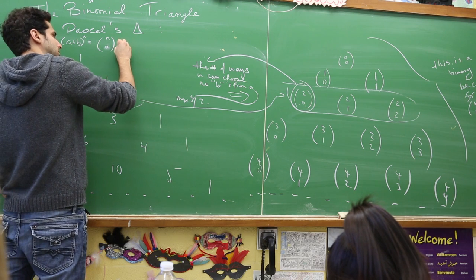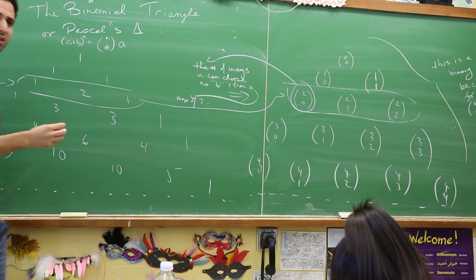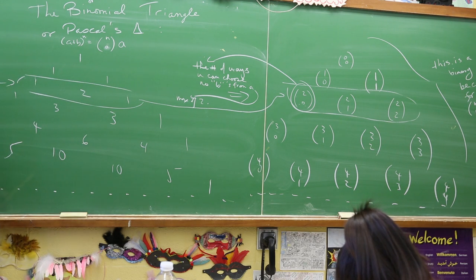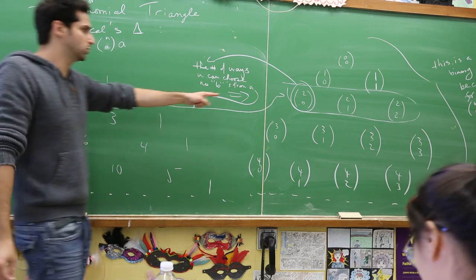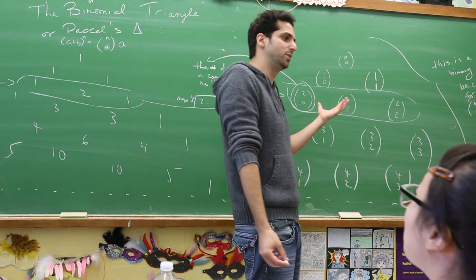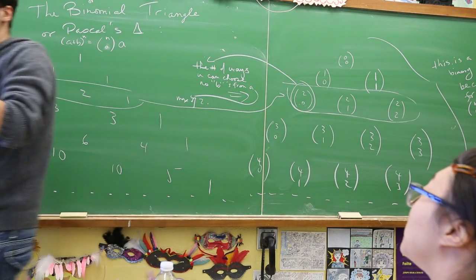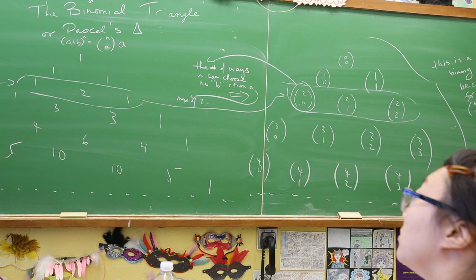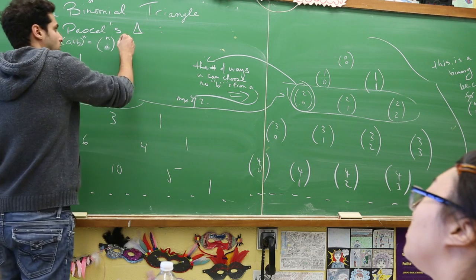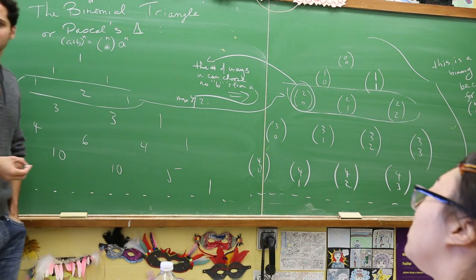Now, of course, I've already told you that the sum of the exponents of a and b always add up to n. And since the first coefficient corresponds to choosing no b's, if the exponents always add up to n, if you chose no b's, then you got all a's to start with. And so that means this exponent always has to be n.